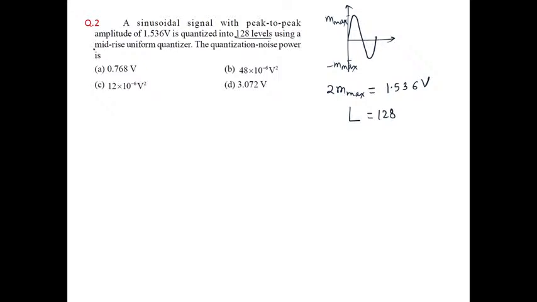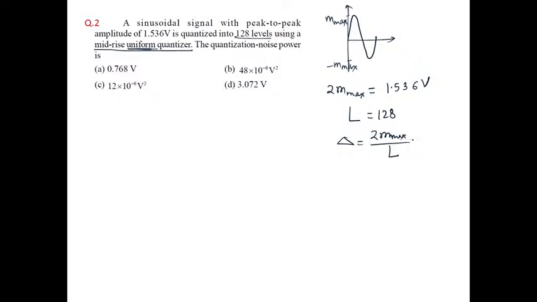Now this information is redundant. Why? Because we need to calculate the quantization noise power, and if we are calculating quantization noise power, we are simply supposed to know the step size. It doesn't matter whether it's a mid-rise or mid-tread quantizer. The important thing is that it is a uniform quantizer. So the step size will be equal for all the representation levels. So what will be delta? Delta is simply equal to twice of m max divided by the total number of representation levels.